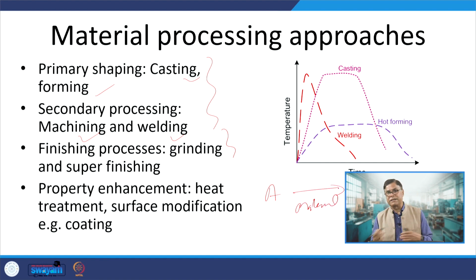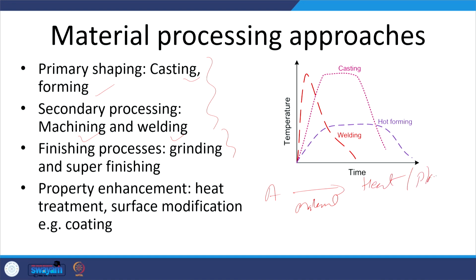Initially it will have some set of the properties, but when it is subjected to the processing either through the use of the heat or through the plastic deformation or both, this is going to change the structure of the material and that in turn affects the properties. Material being processed to achieve the desired size and shape and make a product. At the end it should have the desired set of the properties. If the material does not have desired set of the properties, then it will not perform satisfactorily during the service and it will fail prematurely.